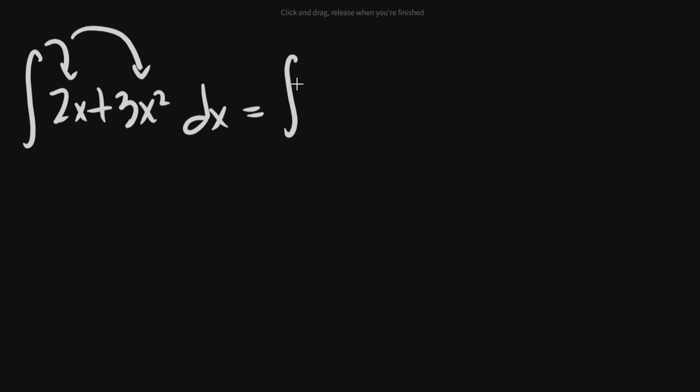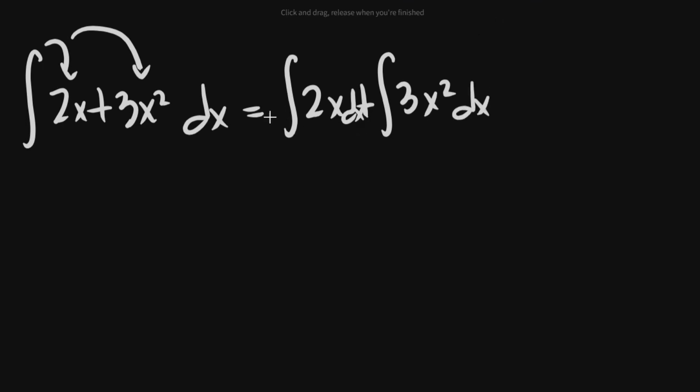This should be the integral of 2x plus the integral of 3x squared dx. Since you distributed the integral, you should also distribute the dx. So don't forget about that.